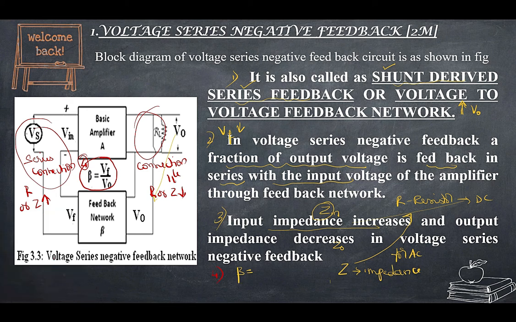I need to take the feedback ratio for this circuit, wherein VF is output and VO is input, because it is given like this and taken out like this. Hence, if I have to write beta, it is output by input. Output is VF, input is VO.